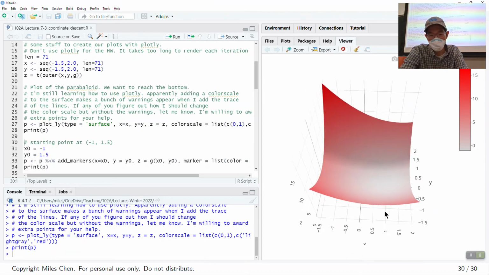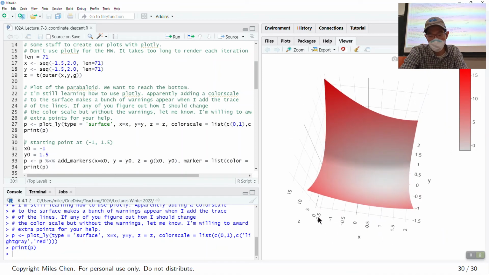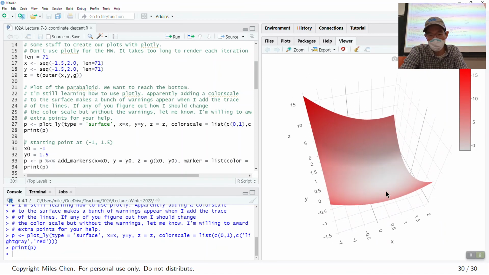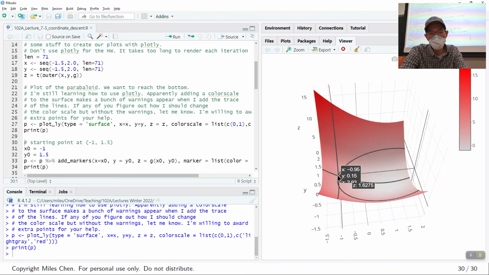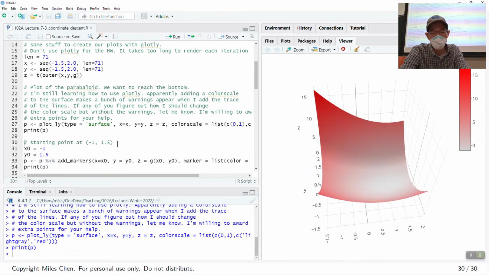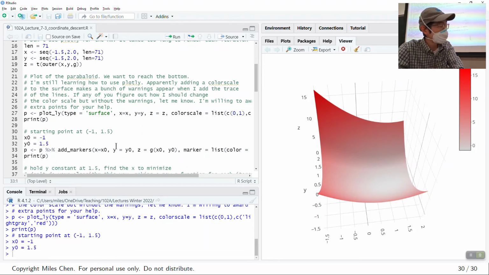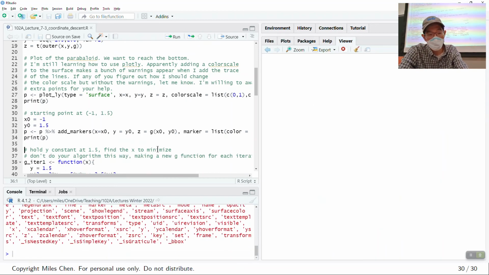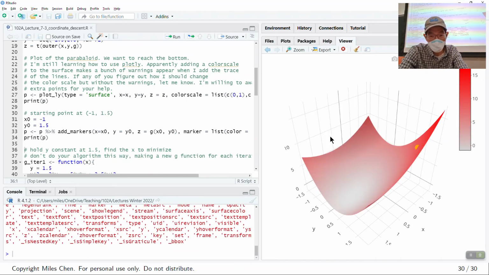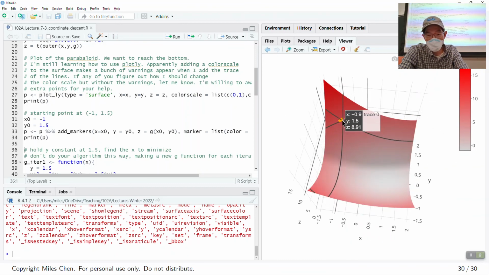Okay, and so our x goes from, say, negative 1.5 to 2, and y is also evaluated from negative 1.5 to 2. And what I'm going to do is start at an arbitrary starting point, x at negative 1, and y at 1.5. And that's going to be this yellow dot right here.